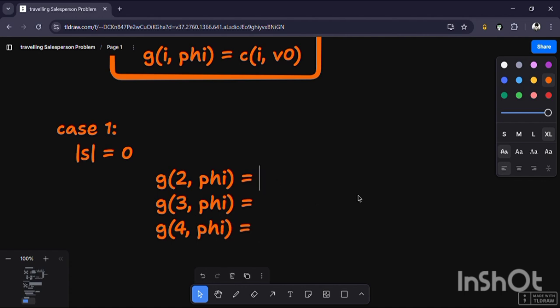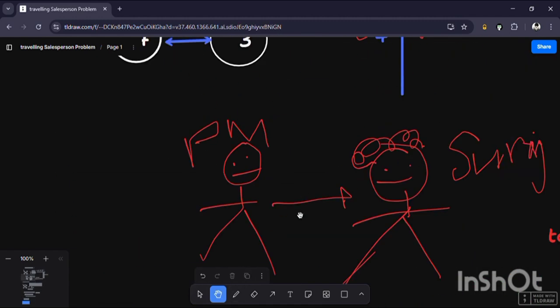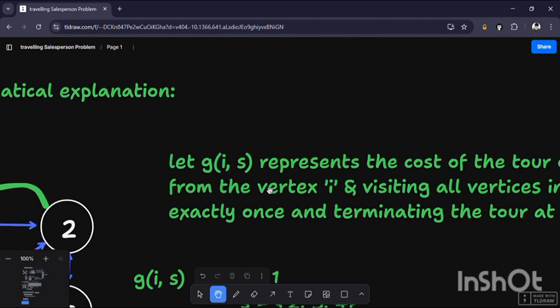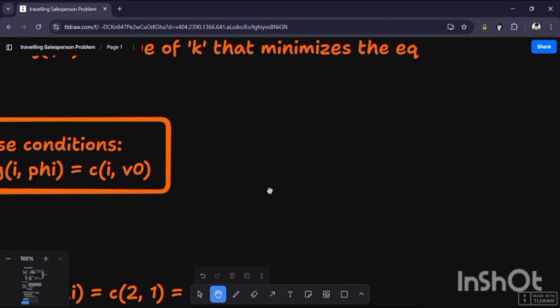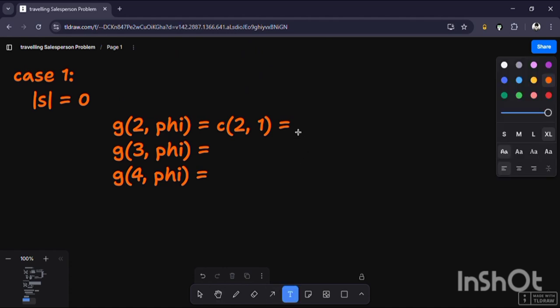So what will be the value of G of 2 comma phi? G of 2 comma phi means cost of 2 comma 1. My source vertex is 1, right? And what is the cost of 2 comma 1? Cost of 2 to 1 is 5. Let me write 5 here.